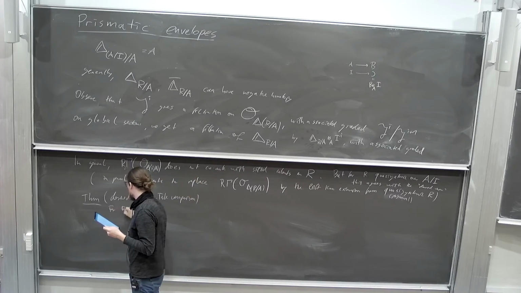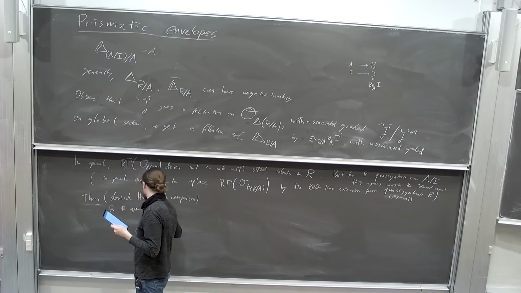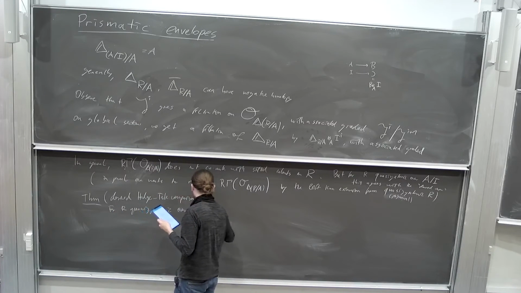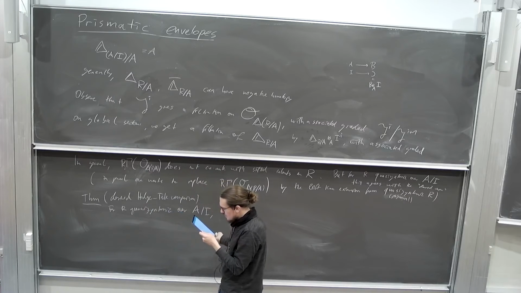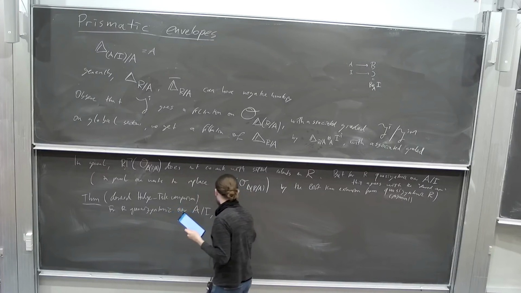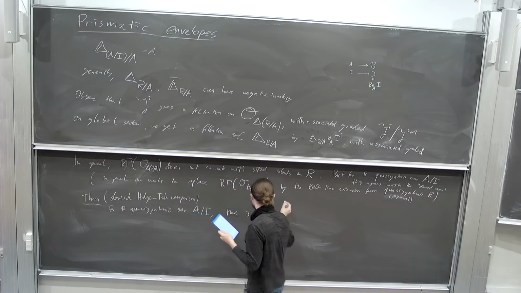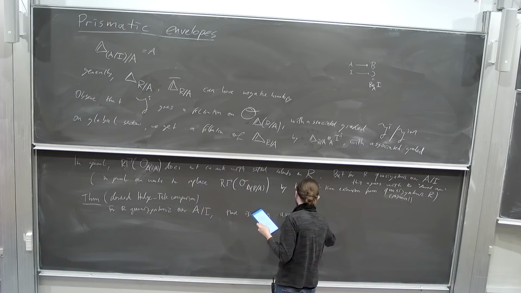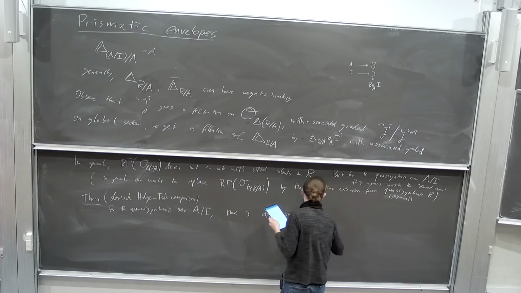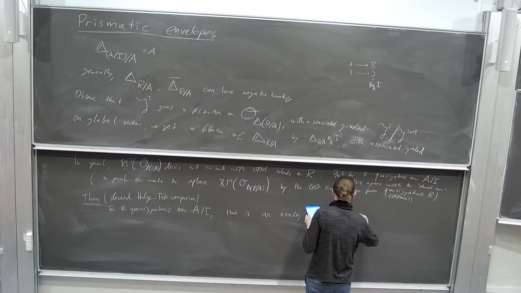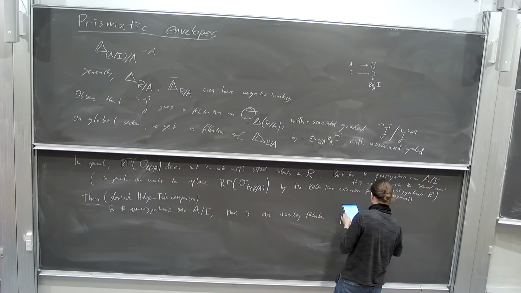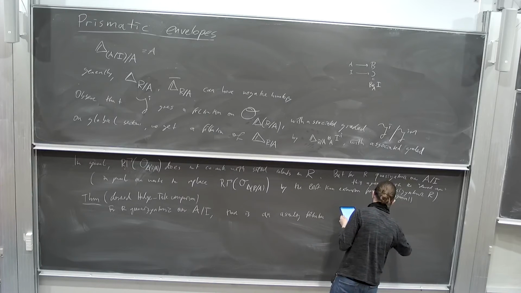For R quasi-syntomic over A mod I, there is an ascending filtration, called the conjugate filtration, on this prism bar guy.